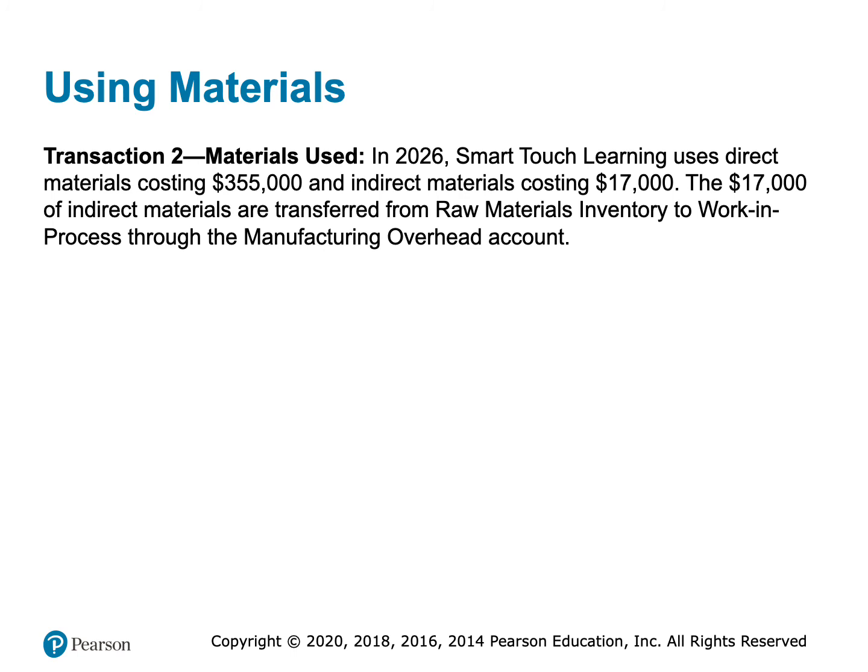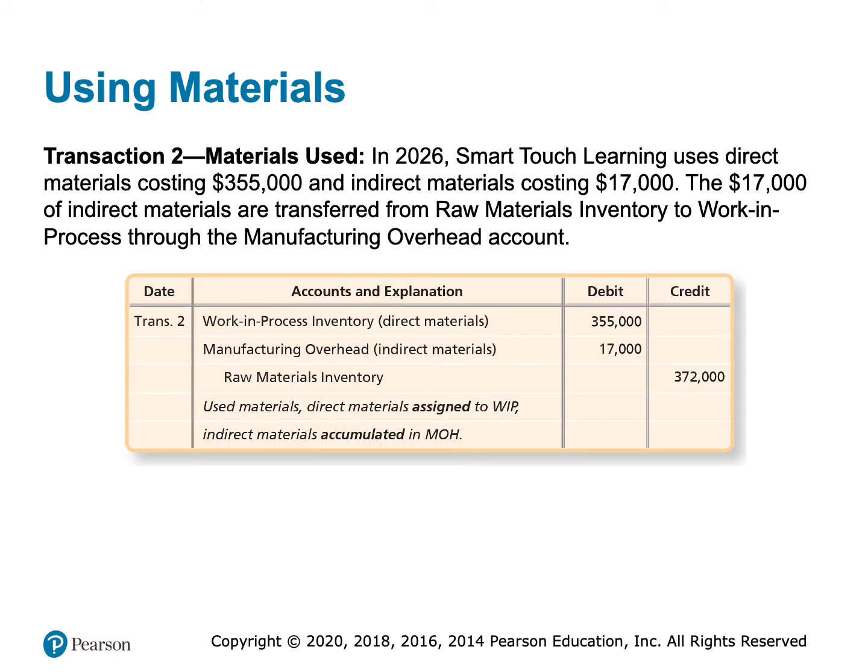Remember, direct materials go directly into work in process. So we want to debit the work in process inventory account to increase that. The indirect materials have to go through overhead, so we'll debit overhead for that 17. And then we'll credit raw materials for the total.